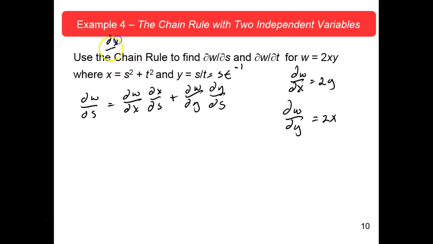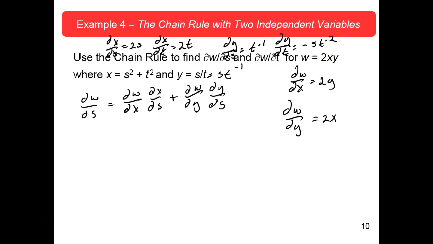Okay? Let's do these pieces as well. Partial of x with respect to s is equal to 2s, and the partial of x with respect to t is 2t. And partial of y with respect to s is t to the minus 1, and the partial of y with respect to t is equal to minus s t to the minus 2.